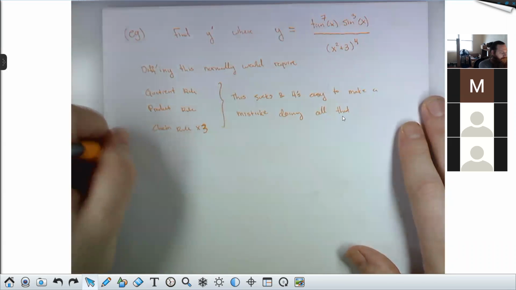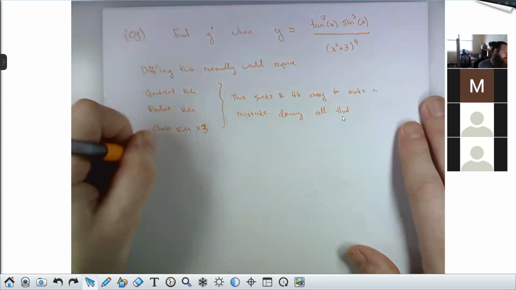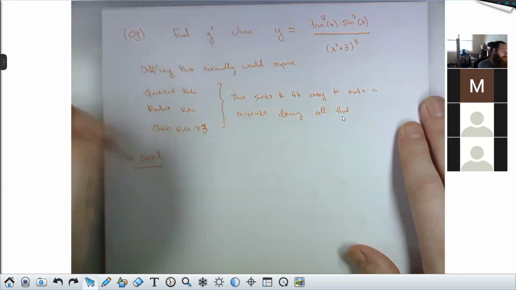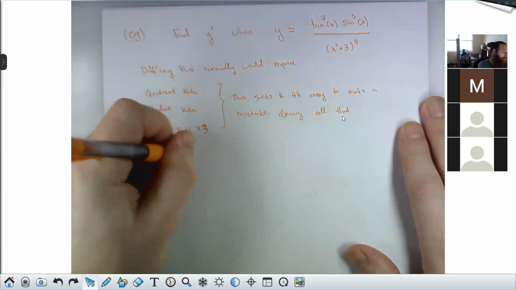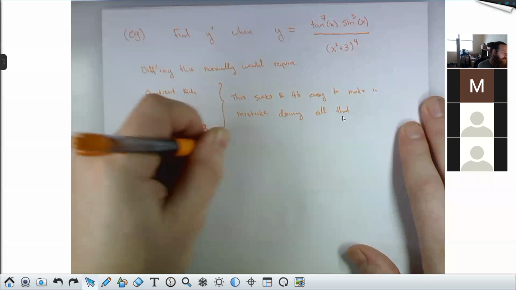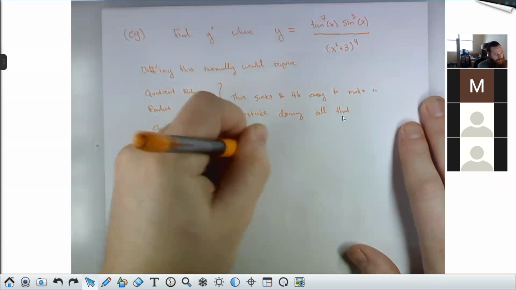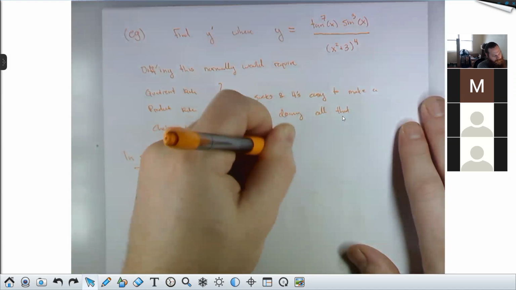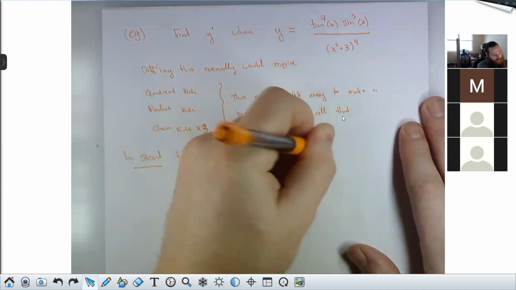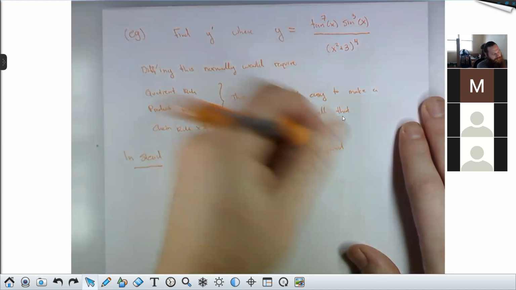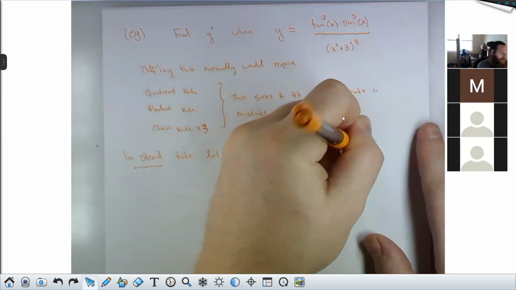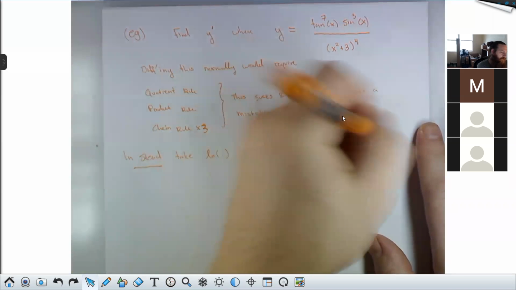So instead, we're going to take the ln of both sides. And expand. Then differentiate.